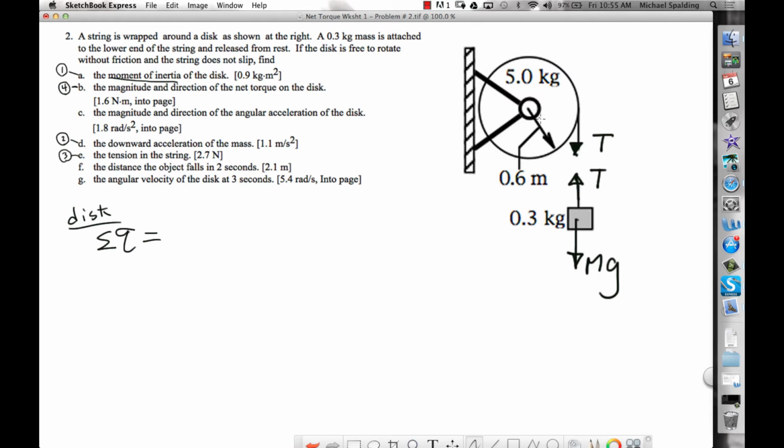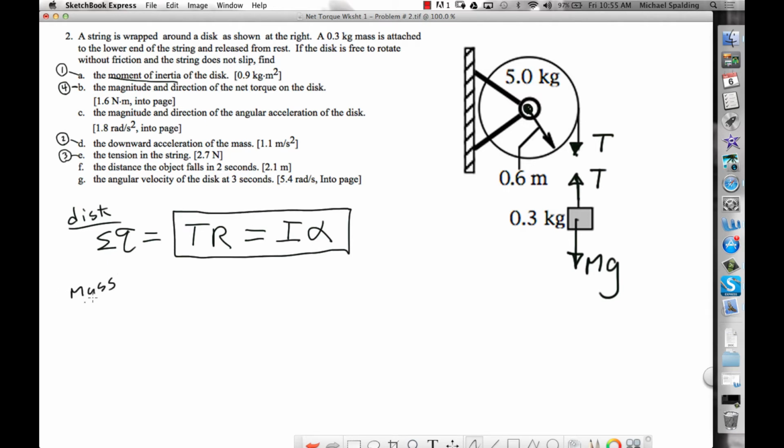Just one. The axis is right here in the middle. The only torque on the disk is that tension. So the torque is tension times radius, and the sum of the torques is equal to I alpha. That's one equation. Now we go to the mass, the hanging mass, and sum the forces. Make the direction of the acceleration positive: down is plus, up is minus. So mg minus T equals ma.